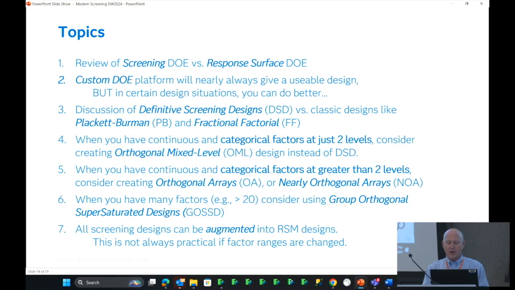In particular, the question came up: all of my factors are categorical, how do I make designs for those situations? So we'll talk about the orthogonal array designs that are in JMP. And we even have design methods for when you have lots and lots of factors, the group orthogonal supersaturated designs.